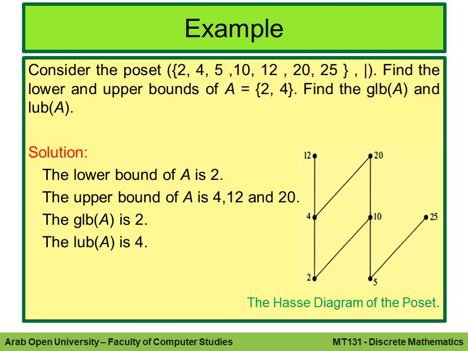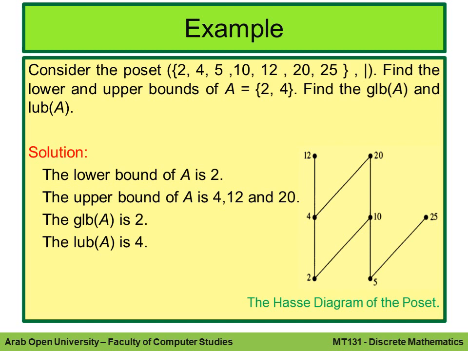The only number that does that is the number 2. Now what about an upper bound? An upper bound has to be a number that's divisible by both 2 and 4. So we want now the greatest lower bound for A and the least upper bound. The only lower bound for A is 2 because it's the only number that divides both 2 and 4. For the greatest lower bound, since there's only one, it will also be 2.